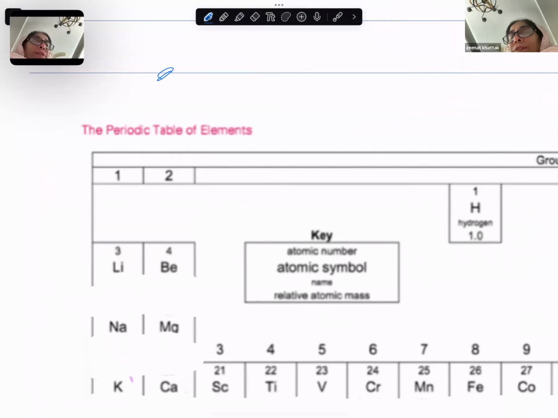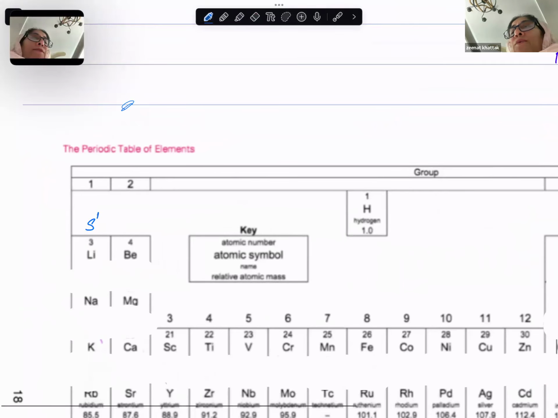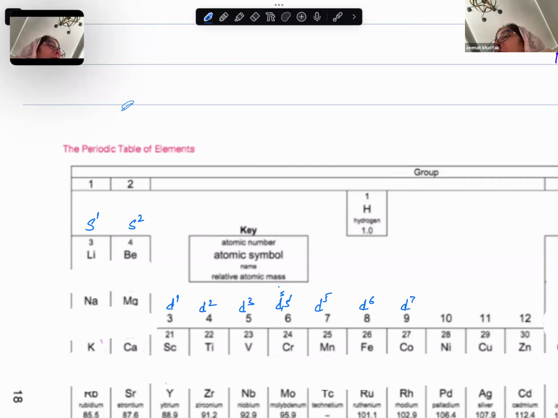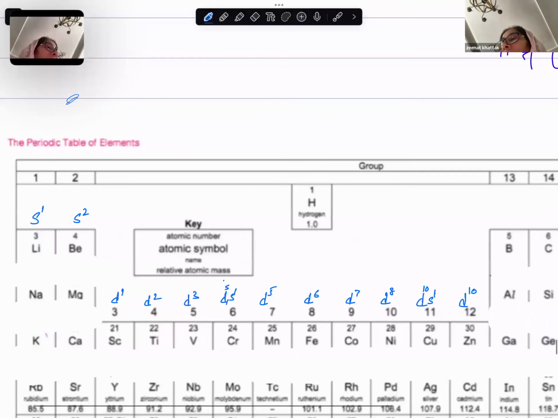We know it's what? S1, this is S2, this is D1, this is D2, this is D3, this is actually D5 S1, D5 S2, D6, D7, D8, and now this is not D9, this is D10 S1, and this is again D10 S2.